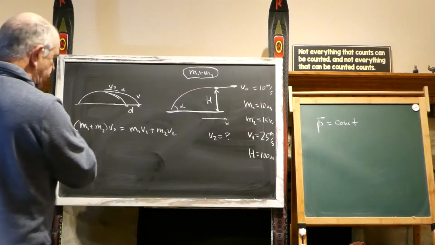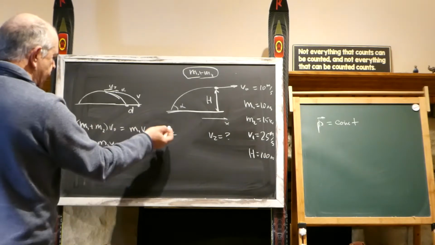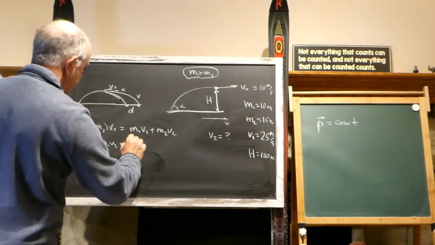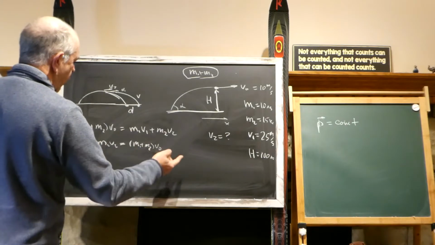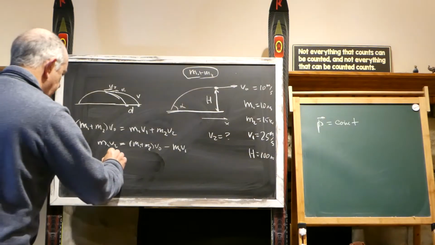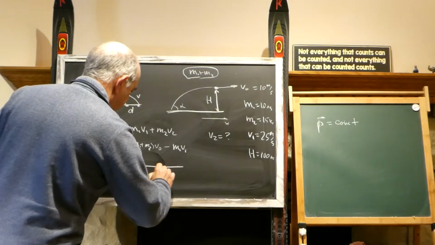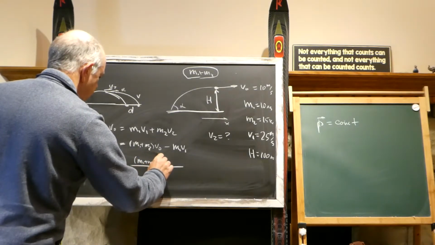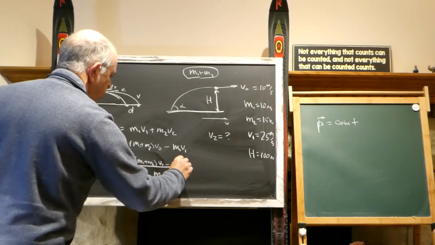I will change left and right sides, and move m1 v1 over, so I immediately obtain that v2 equals, over m2, m1 plus m2 multiplied by v0 minus m1 v1.